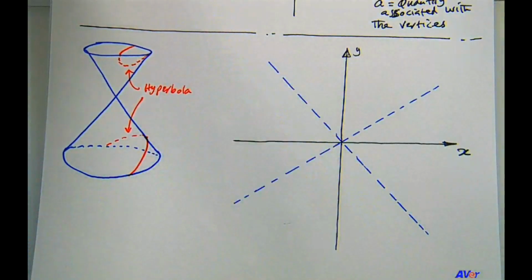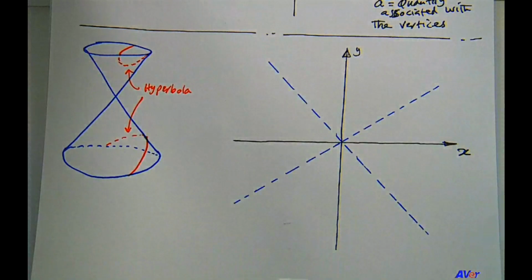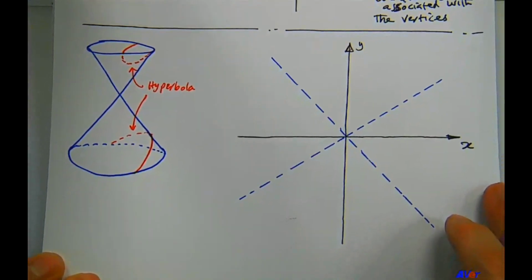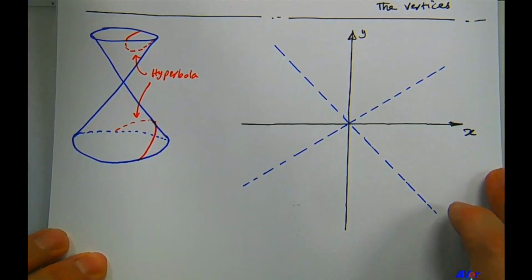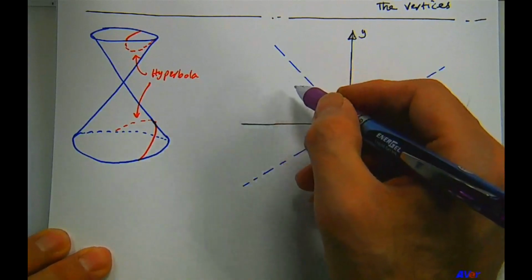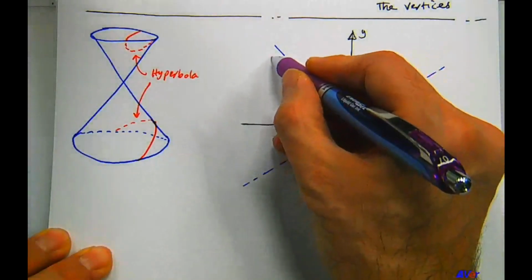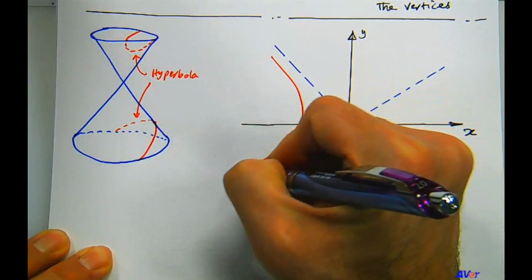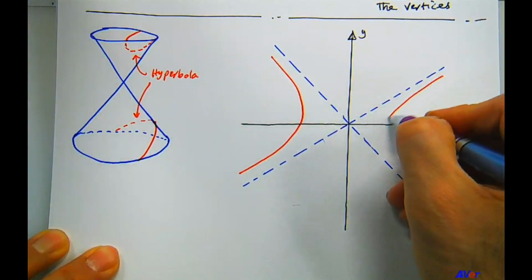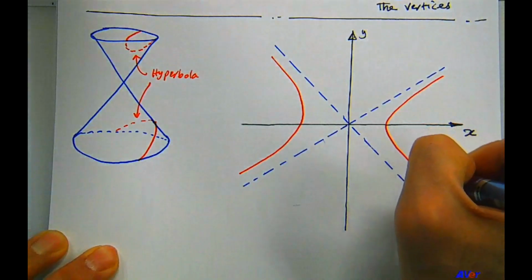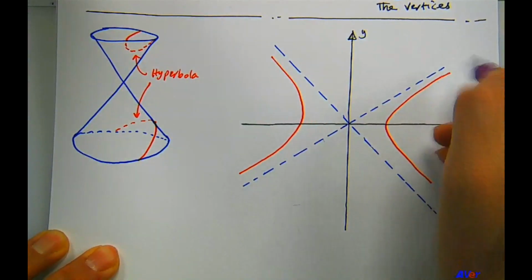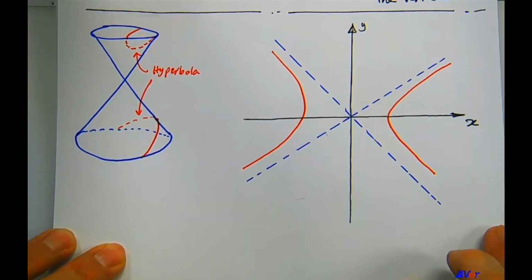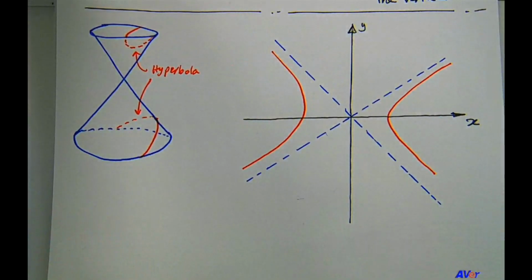This is just an example of a horizontal hyperbola. So I'm going to draw it like this, and like that. I wish I could make my drawings more symmetric, but this is the best I could do.